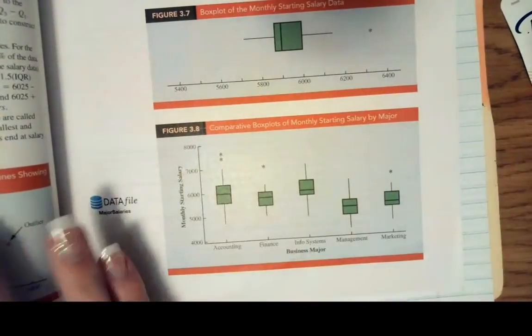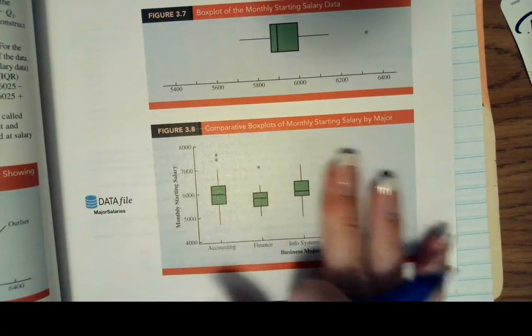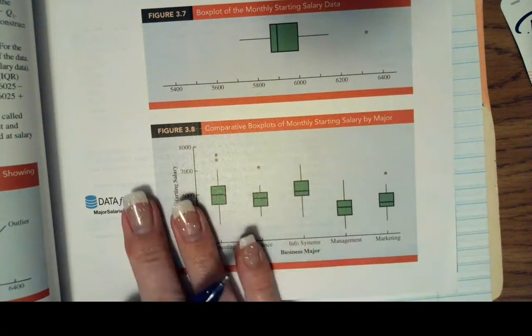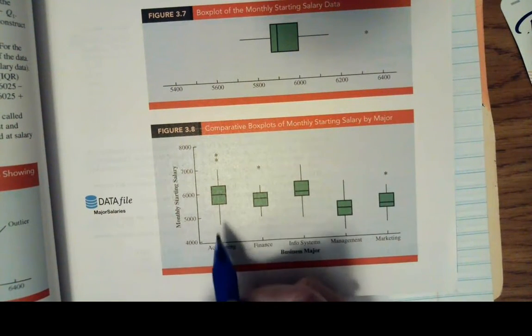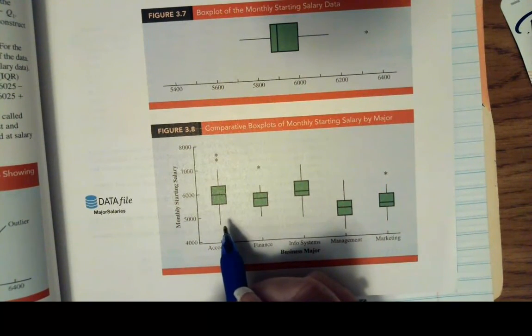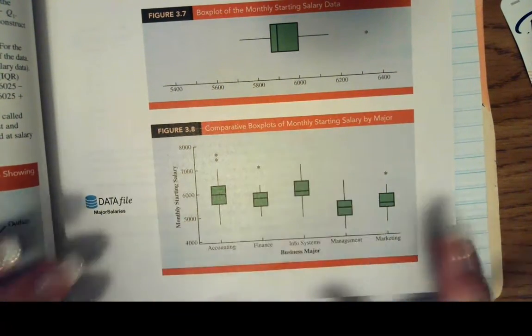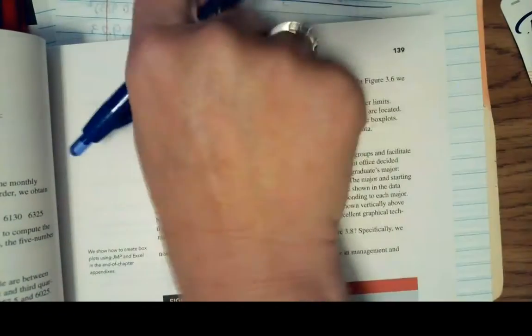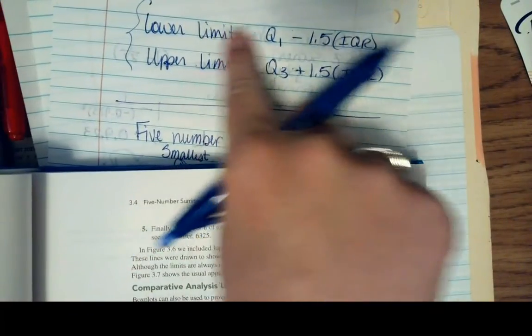So if I look at this picture, which was conveniently drawn for me, I can compare things if I do box plots on the same axes. This would be the lower level where that thing stops. You could have a horizontal line, and that would be your lower limit that was created using this little thing right here.